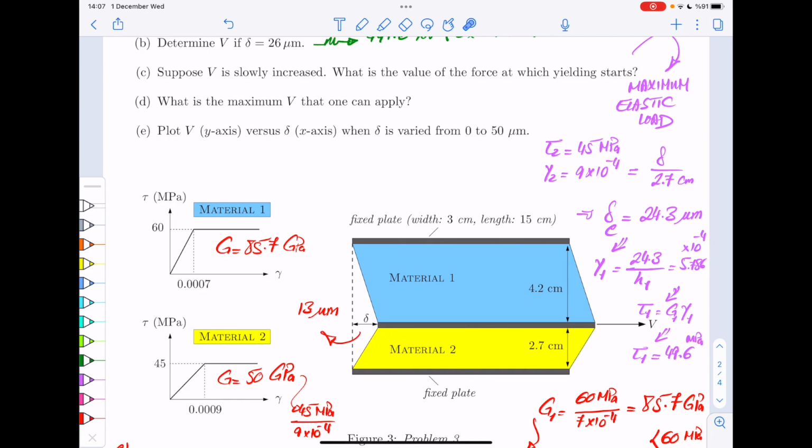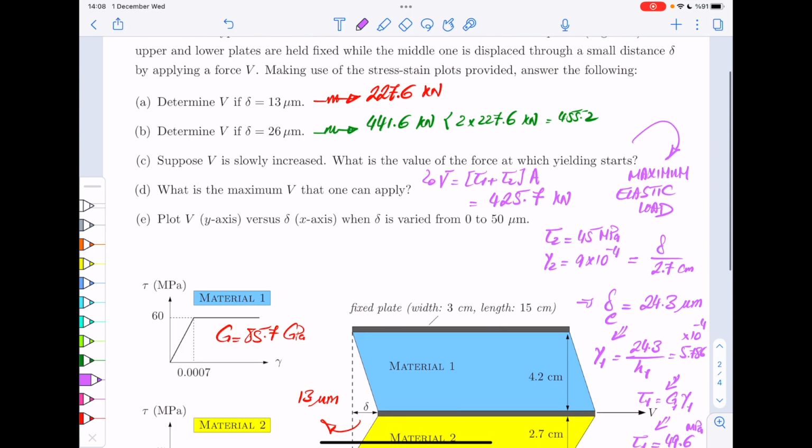You add them up, you multiply by the area, and you get your force. So here, all you need to do is to say V is now that, again, tau1 plus tau2 times area. And this tau1 and tau2, these are the ones that I'm writing with, let's say, with this purple color. And if you do that, you get 425.7 kilonewton.